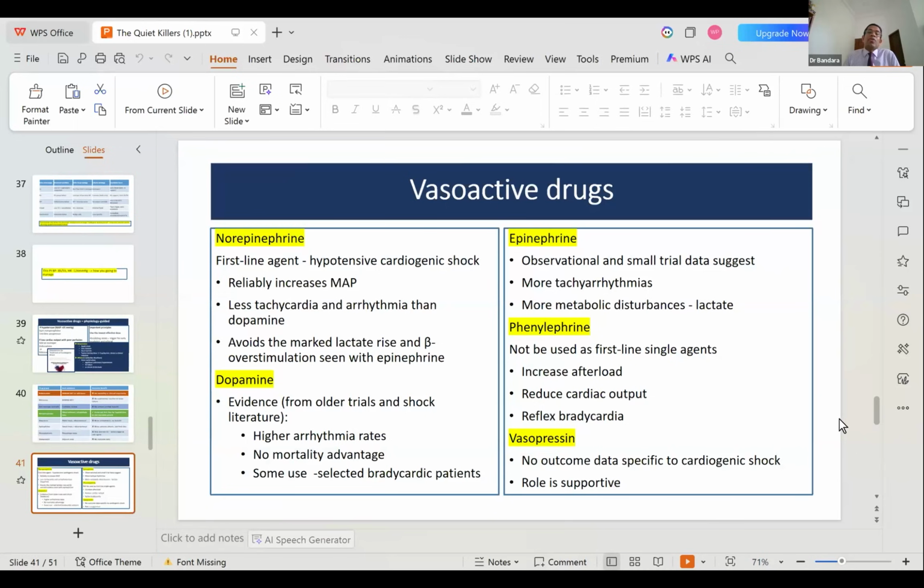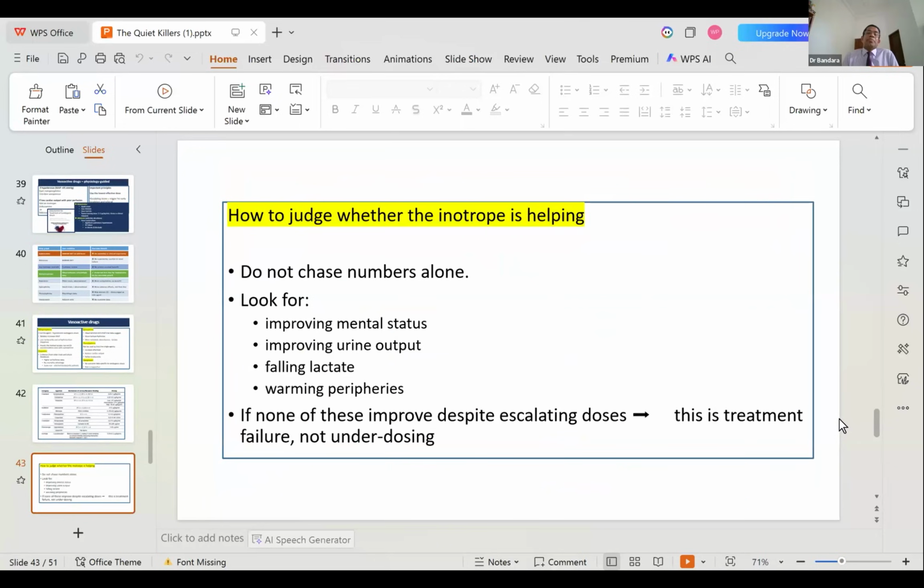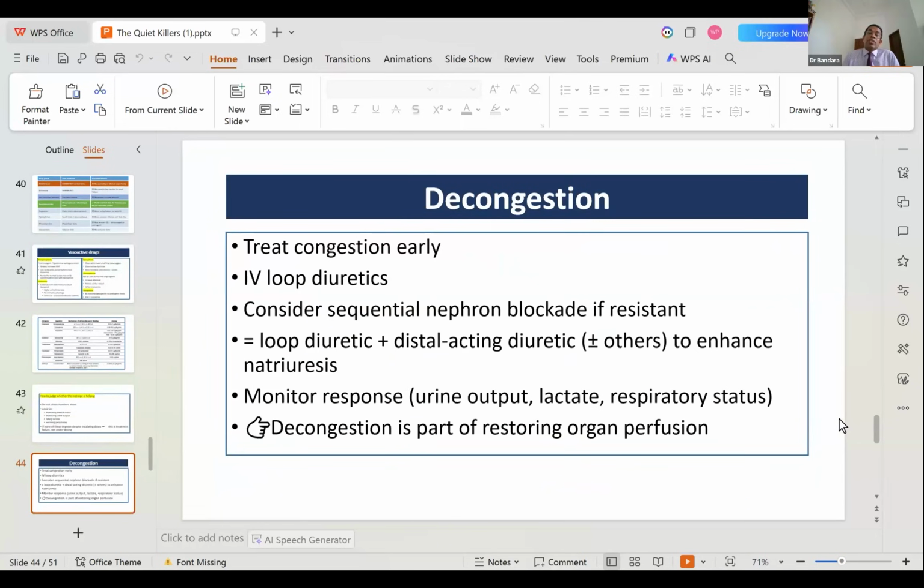So this is the summary of vasoactive agents. There are advantages and disadvantages, but the first line vasoactive agent is norepinephrine. You need to consider decongestion once the patient is stabilized. Don't give furosemide or any loop diuretics while the patient has significantly low blood pressure.